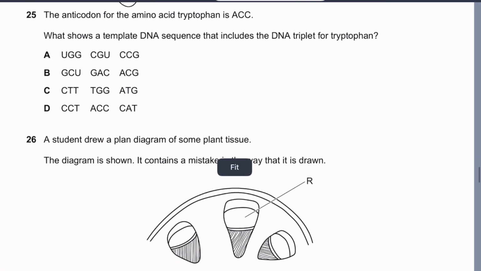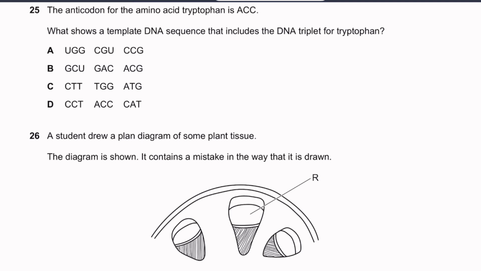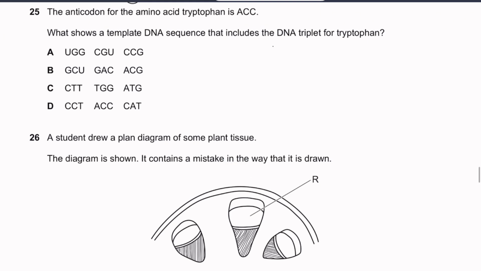The anticodon for the amino acid tryptophan is ACC, and the question asks which shows the template DNA sequence that includes the DNA triplet for tryptophan. So to identify how this works, I think we should write down how the DNA sequence is related to the anticodon. First you have a DNA template strand, and it's going to be complementary to the transcribed mRNA.